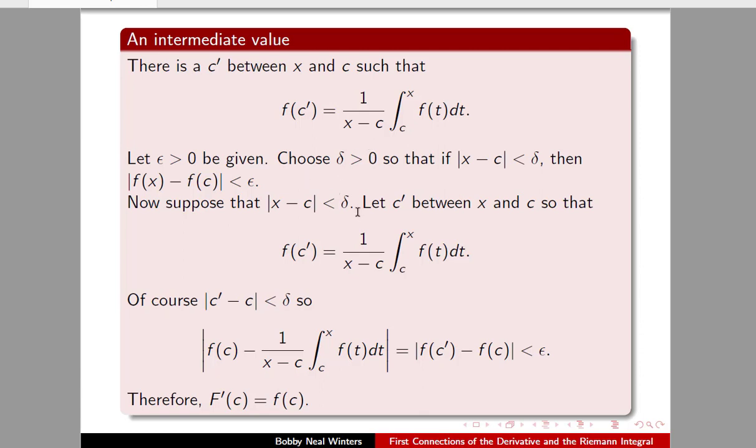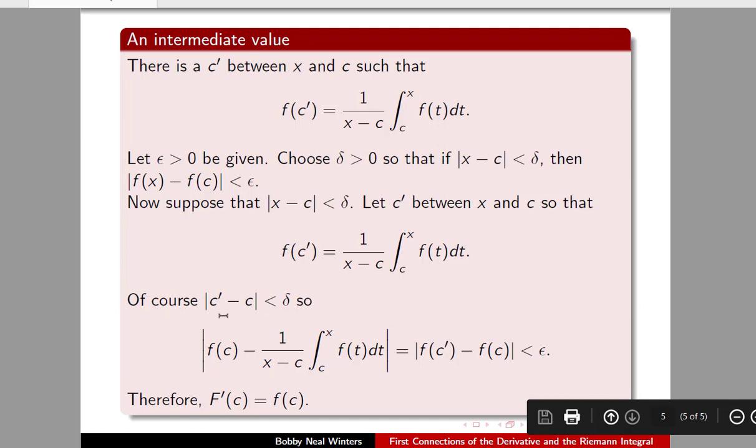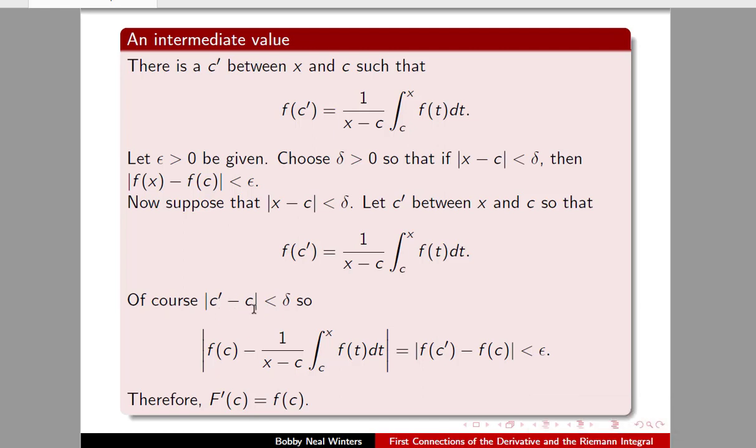Now let's assume that the absolute value of x minus c is less than delta and see what happens. Choose our c prime between x and c so that it hits this intermediate value. In this case, c prime will be closer to c than the distance delta.